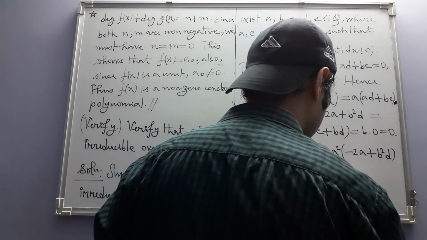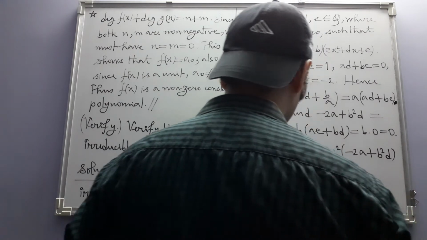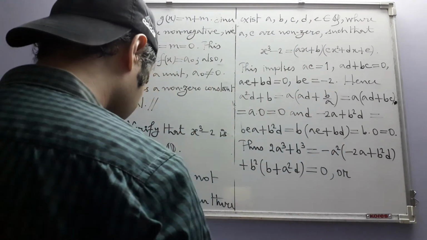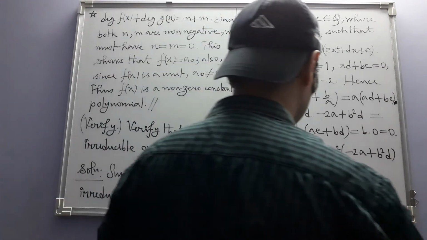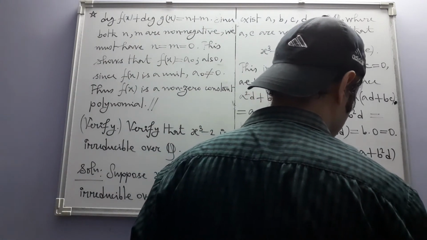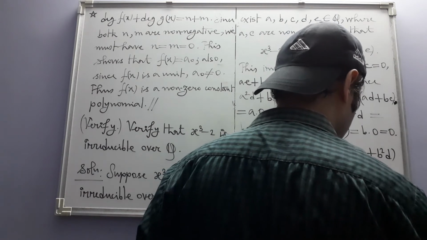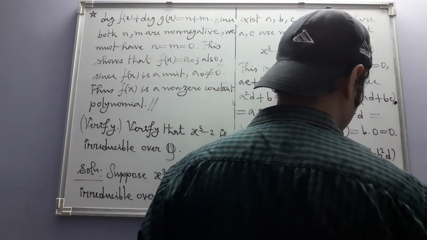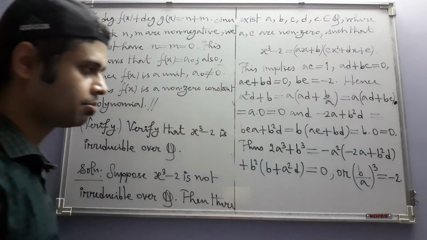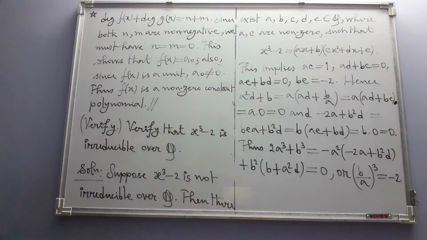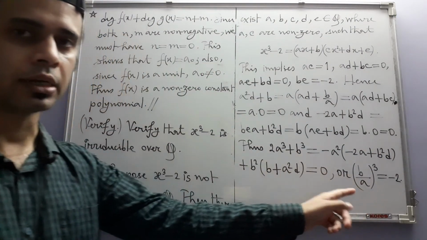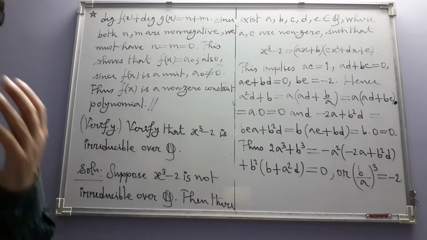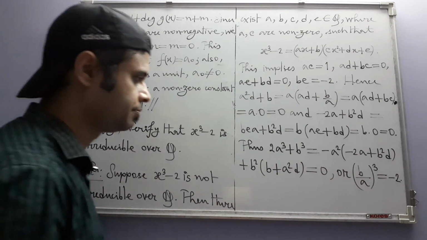Or if you write it slightly differently, you will get this. B divided by A whole cube is equal to minus 2. From this equal to 0, we can conclude this, keeping in mind that A is non-zero.